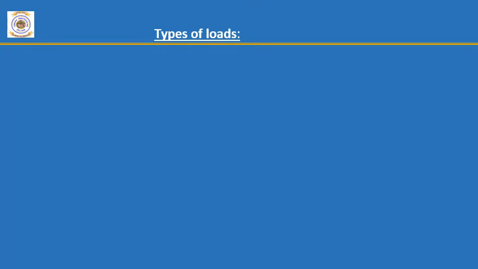Next, types of load. The first one is point load or concentrated load. Why is it called point or concentrated load? Because the load is acting over a small area of the beam and is concentrated only at a particular point.